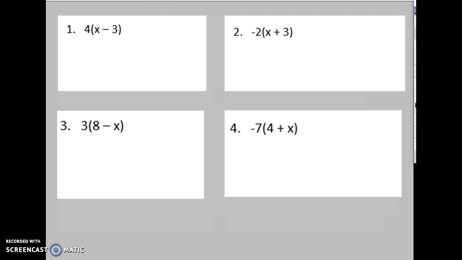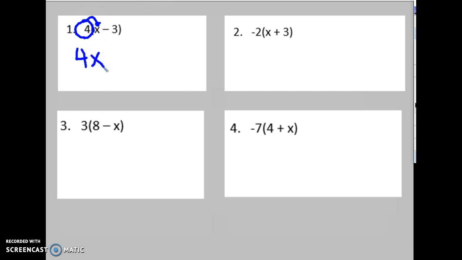I would like for you to follow along on your note sheet as we go through this together in the video. So when we see problem number 1, what this is telling us is that 4 needs to be multiplied to everything inside the parentheses. So we are going to distribute the 4 by multiplying it by x, and 4 times x is 4x.